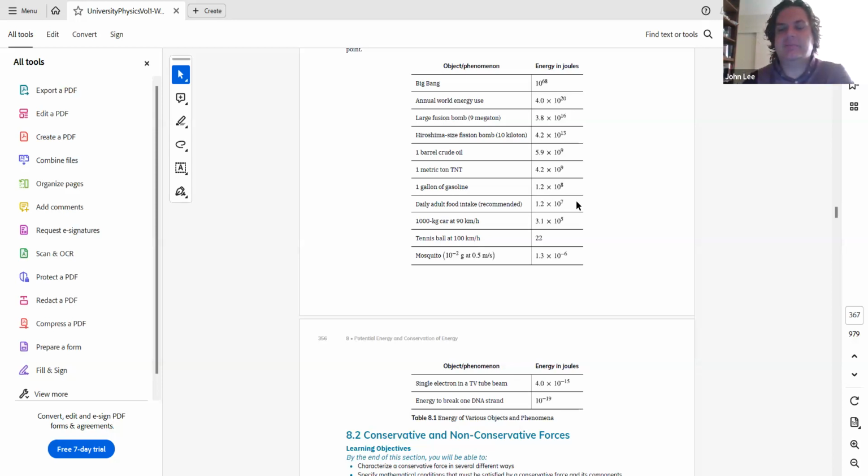Like what you see when we're talking about work and energy in the lab would be around 1 through 20 or 100 joules. So it's pretty close to 1 joule is how we define that term. And then a mosquito has 10 to the -6 joules of energy in it, and then the energy to break one DNA strand is 10 to the -19.